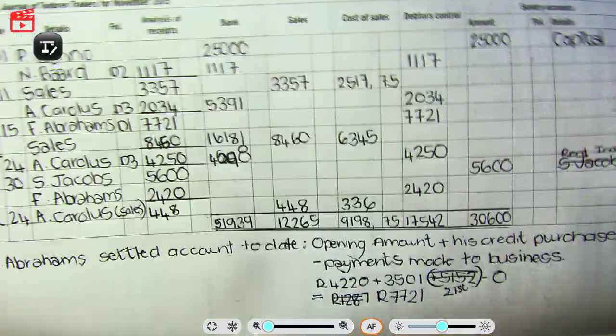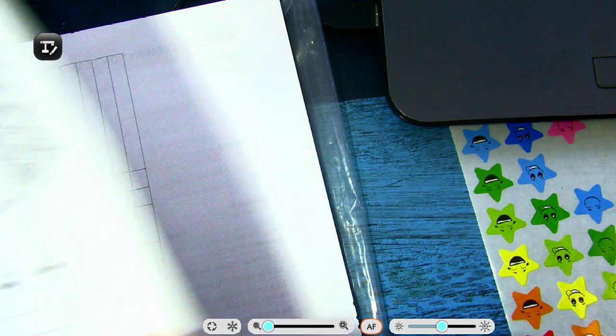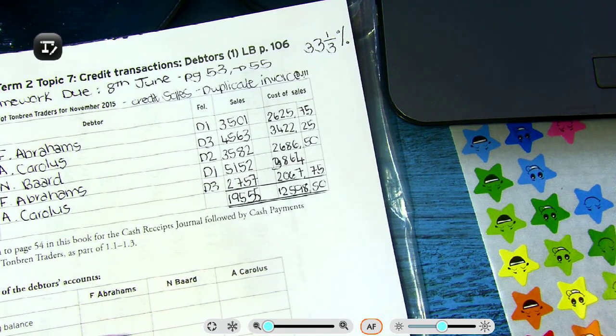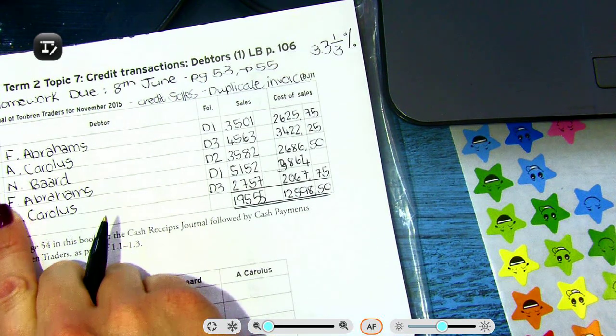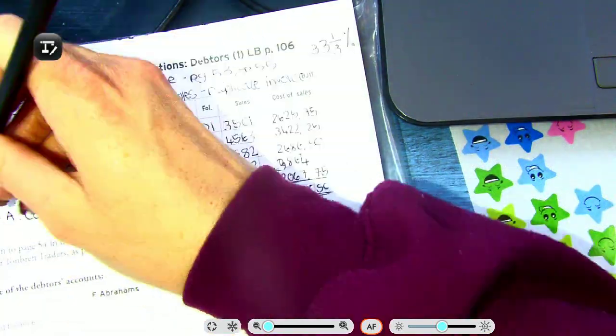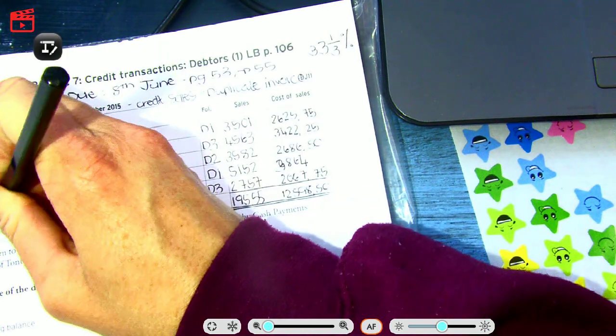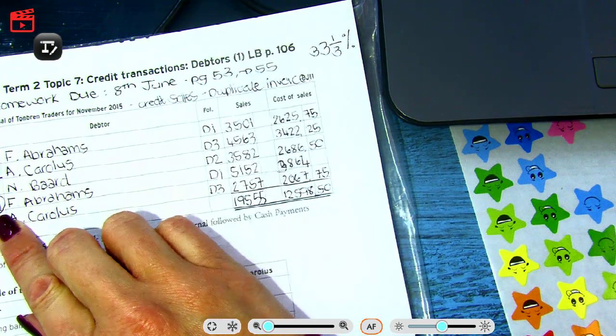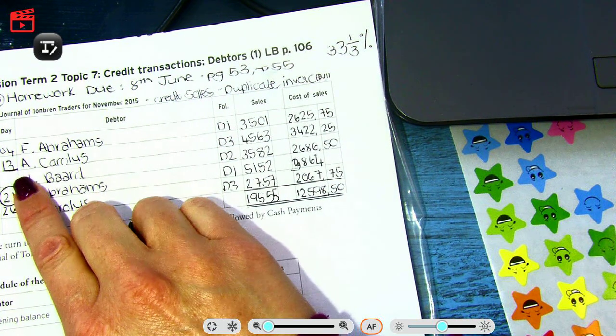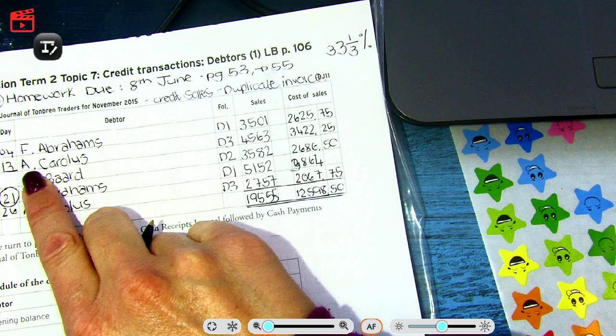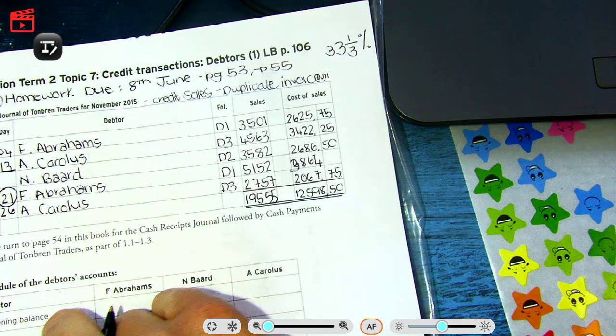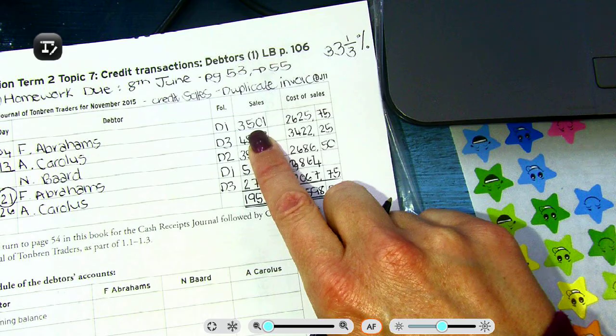So we do that by going, firstly, what was his opening balance? His opening amount was 4,220, which they gave to us. So we say 4,220 plus all the transactions up to and including the 15th. So that's over there. We don't include this one because that only happened on the 21st. We are now on the 15th. So we are going to take F. Abrams, 3,501 plus his opening amount.